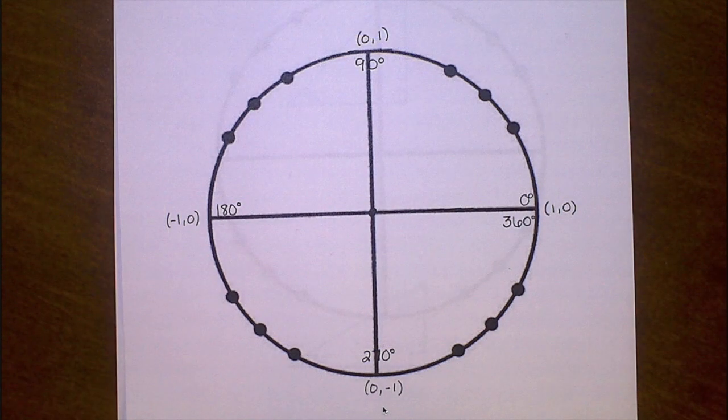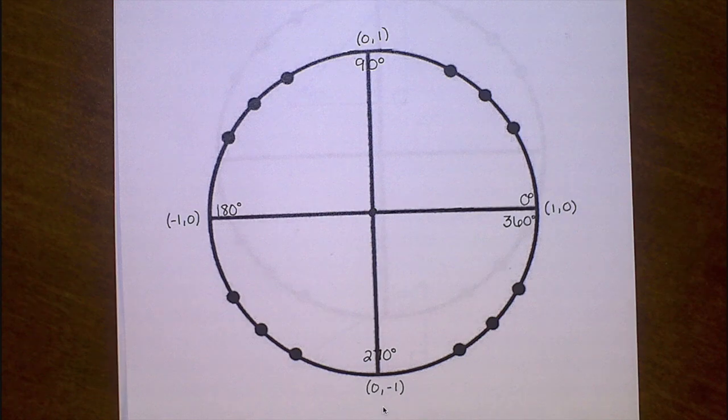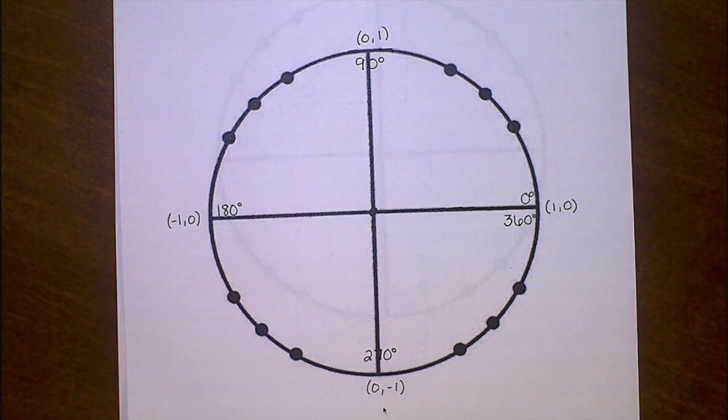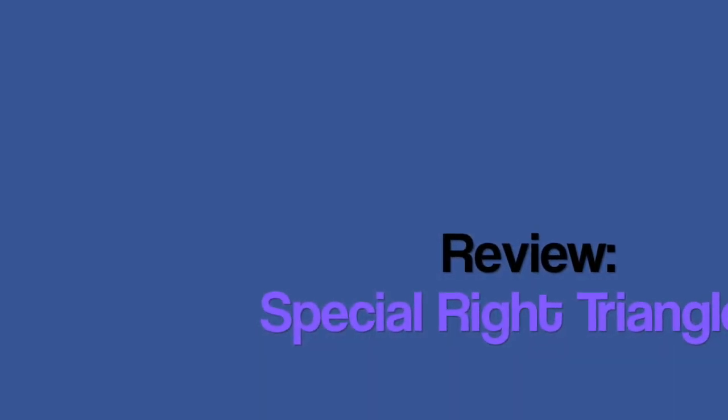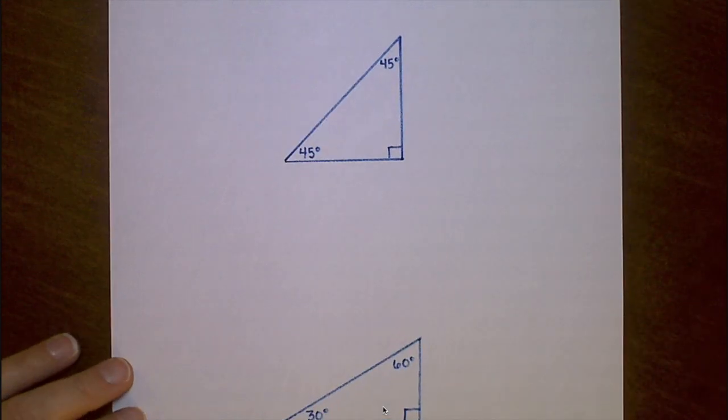Okay, as far as these dots in the middle, before we get to those, we need to revisit a topic from geometry. And this next part, I don't know that you necessarily need to write down, okay, just follow along with me so that you can get a handle on where these values are coming from. So you may remember in geometry, we did special right triangles.